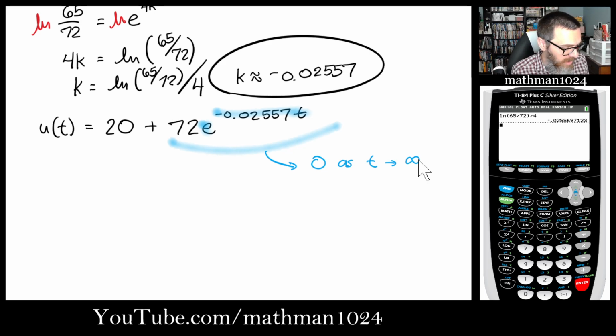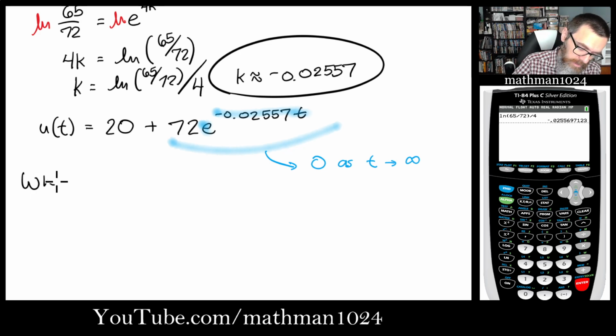Okay, now this question was asking, when will the coffee be 60 degrees? Well, that shouldn't be a big problem. We can just do the algebra here. When will our temperature be equal to 60 degrees? Let's plug it in.